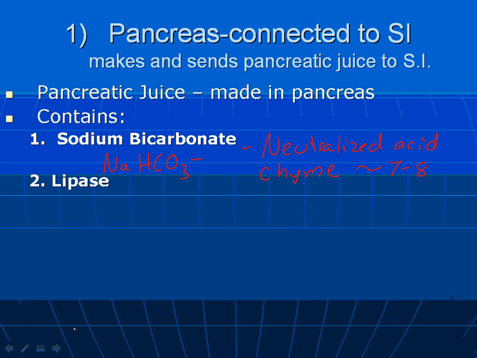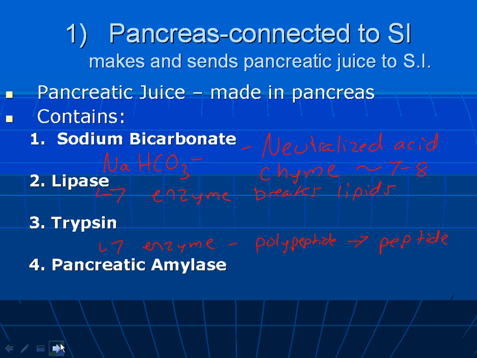The next one we have is lipase, and we've talked about this one last time. Lipase is the enzyme that breaks down fats or lipids. We have trypsin, which is an enzyme that breaks down the polypeptides. This does the polypeptide to peptide breakdown, so it just makes that chain of amino acids smaller.